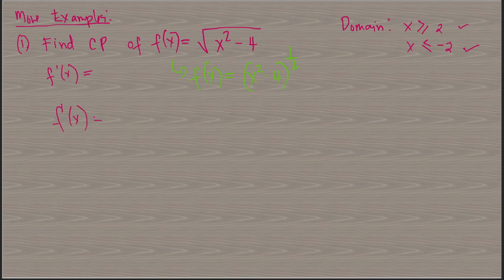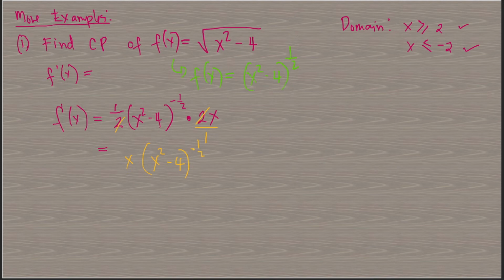So the derivative of this function will be, by the chain rule, because we have the inside and the outside function: 1/2, write the inside function, x squared minus 4, raised to 1/2 minus 1, that is -1/2, times the derivative of the inside function, that is 2x. If we simplify this, the 2 and 2 cancel, so it will be x times x squared minus 4 raised to -1/2.